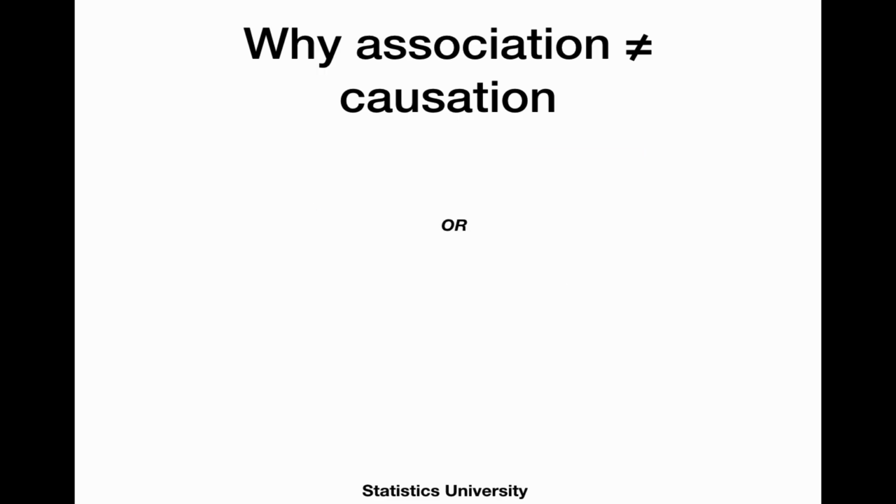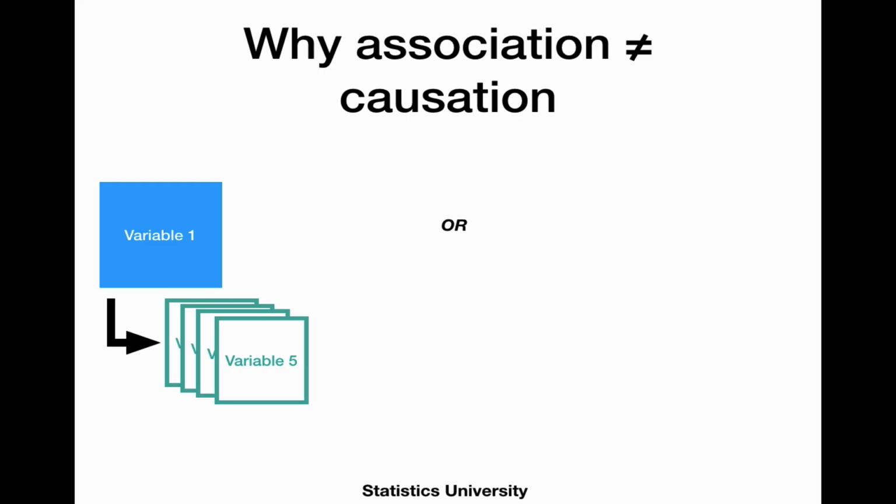And there are multiple other reasons why association and causation are not equal. For example, if we want to explain differences in variable 2 between patients through observed differences in variable 1, then that prediction oftentimes goes through multiple layers of other variables, and some of them we might not even be aware of or have measured in our study.